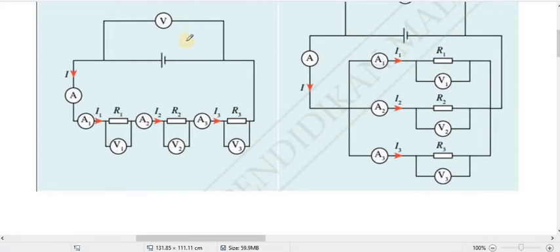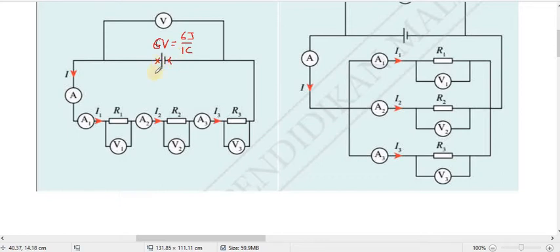For example, let's say this power source has 6 volt. 6 volt means that it is able to do the work of 6 joule to drive 1 coulomb of charge from here, go around the circuit and then to here. 6 joule of energy for every 1 coulomb of charge.